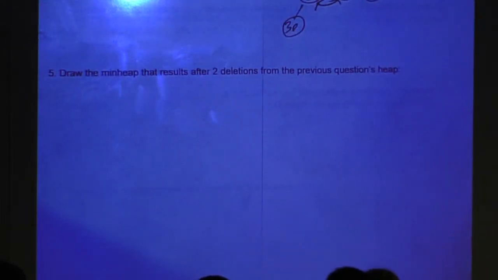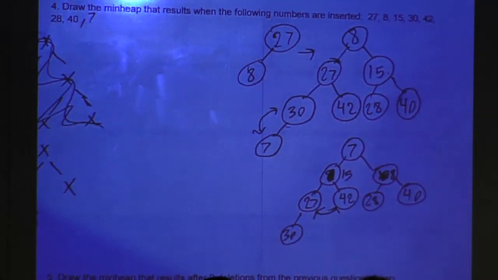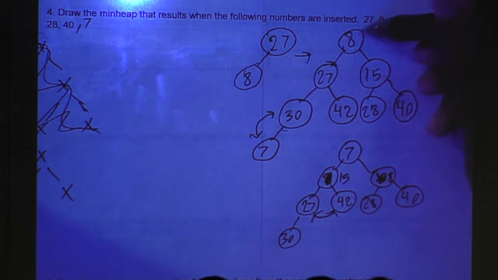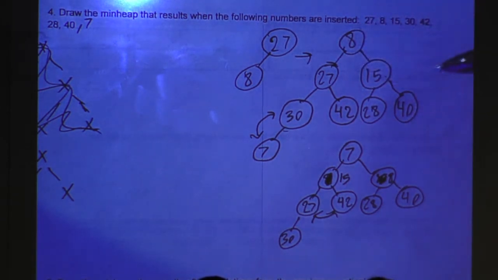So the next step would be to delete from the min heap. One thing you have to realize about min heaps is that you cannot delete a specific node. You can only delete the node on top.